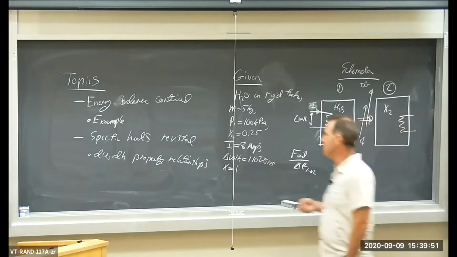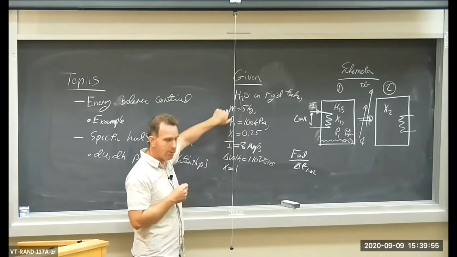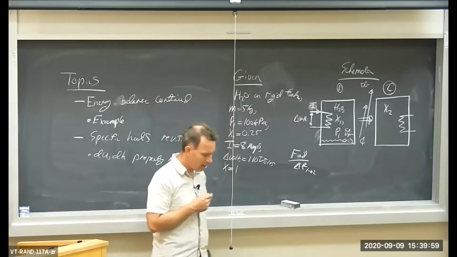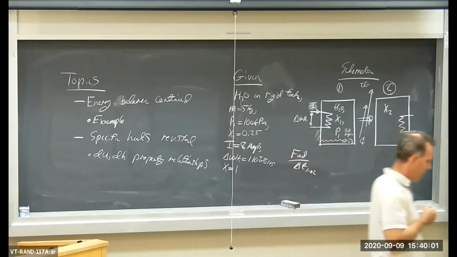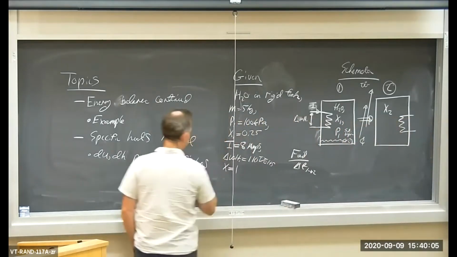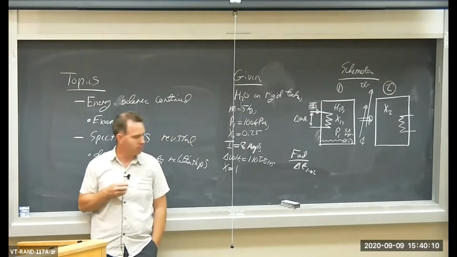So let's go over the details a bit more here. There's 5 kilograms of H2O inside the container. The initial pressure is 100 kPa, so approximately 1 atmosphere. As I said previously, the quality at state 1, the initial quality of the H2O, is 25% vapor by mass.